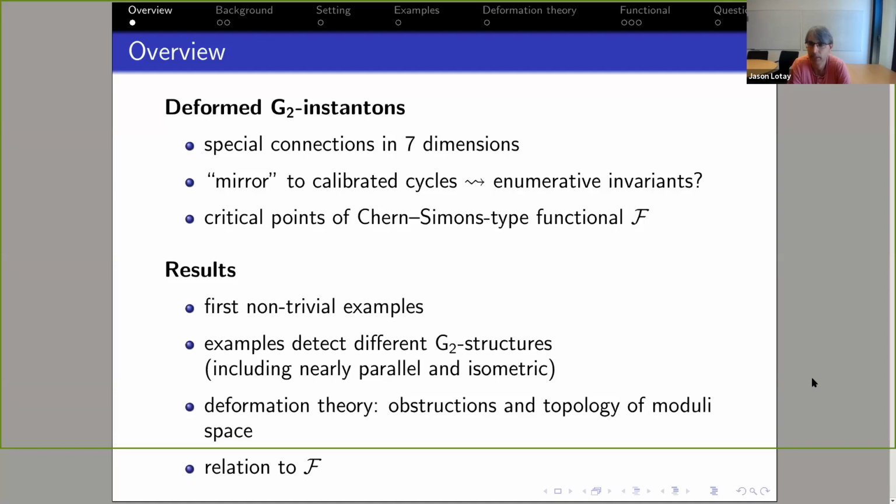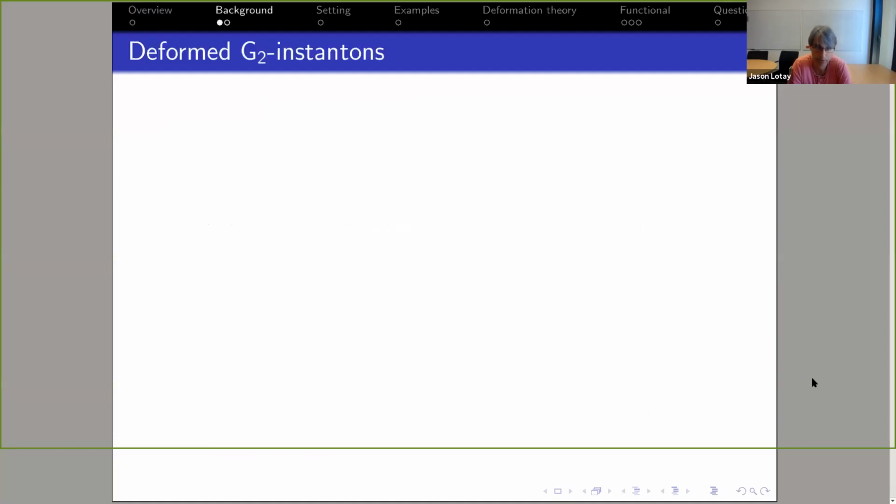Okay, so let me start with the definition: what is a deformed G2 instanton? The setting that we have is a 7-manifold with a G2 structure defined by a 3-form phi, which is co-closed.